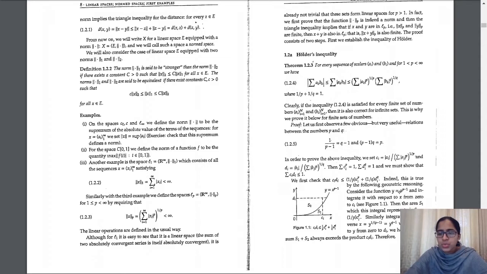Now we are going to integrate the function y equal to x raised to p minus 1 from 0 to ci and obtain the area S1, and we are going to integrate the function x is equal to y raised to 1 by p minus 1 from 0 to di and obtain the area S2. So let us see how we can do it.